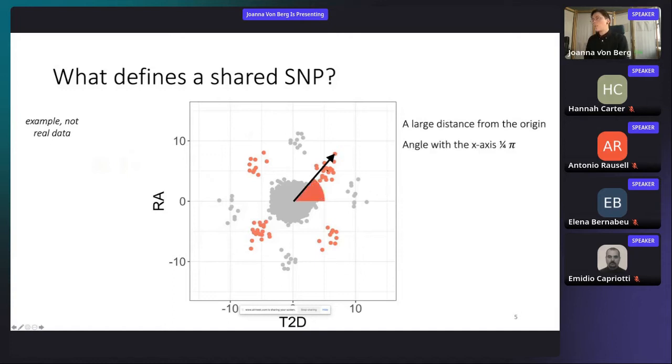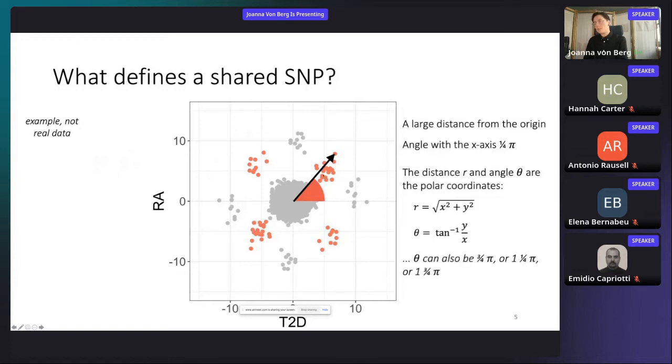Each SNP should also have a certain angle with the x-axis that's very close to a quarter pi or 45 degrees in this case. And this distance and this angle theta are actually polar coordinates, which can readily be calculated from the effect sizes. So directly from the GWAS summary statistics, we can calculate for each SNP a distance and an angle.